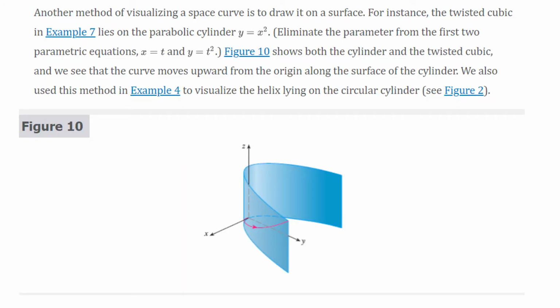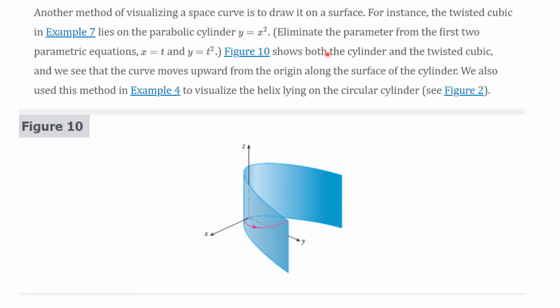Another method of visualizing a space curve is to draw it on a surface, and that's actually one of the things we did when we looked at the helix. For instance, the twisted cubic that we talked about lies on the parabolic cylinder y equals x squared, and you can see that here, and you can trace it on there, and that gives you a sense of what is happening.